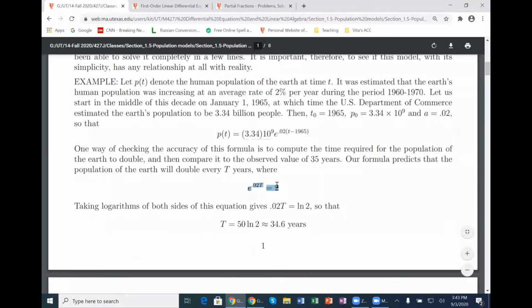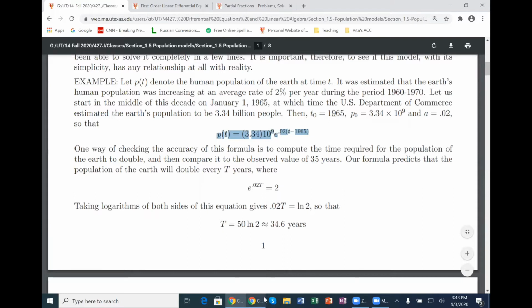We take ln of both sides, we get this, and then we divide ln of 2 by 0.02. The result is the following, approximately 34.6 years. So, in approximately 35 years, according to this formula, the population doubles.